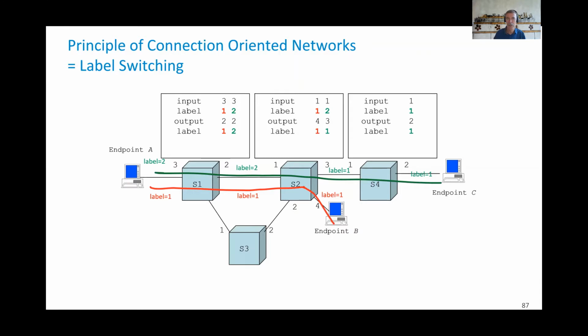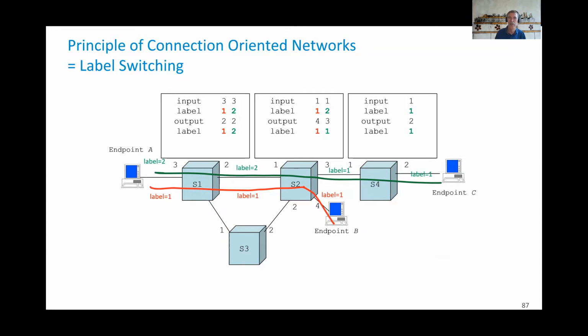Although in reality, it's very rare that an application or a device uses MPLS directly, but I'm using this as an illustrating example. The difference between IP and connection-oriented layer is how the tables in the intermediate systems are organized.